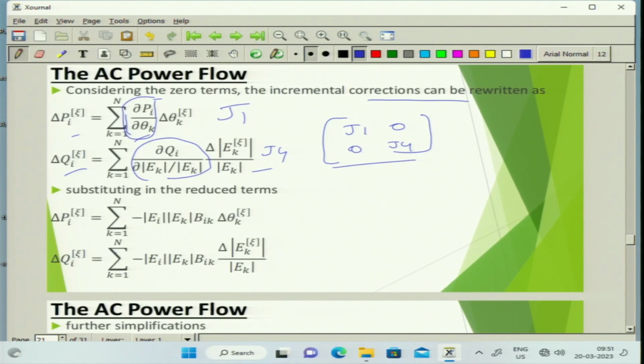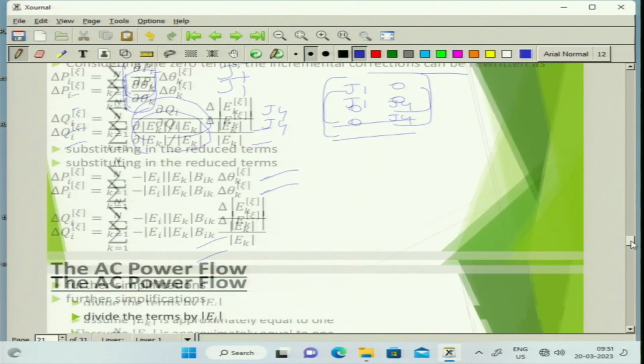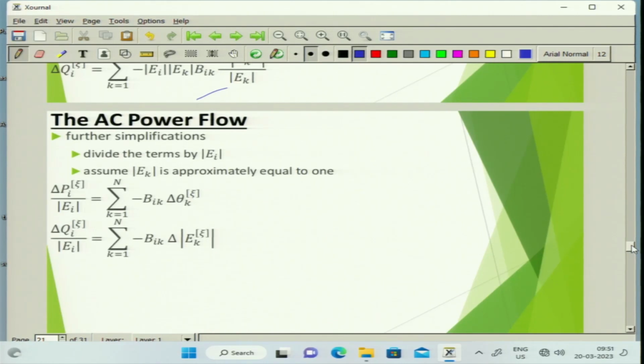Substituting the reduced terms, you get this expression for dou P with respect to angle and dou Q with respect to voltage. Finally, you get this expression when you normalize with respect to E i: delta P by E i is minus B ik delta theta, and delta Q by E i is minus B ik delta E k.